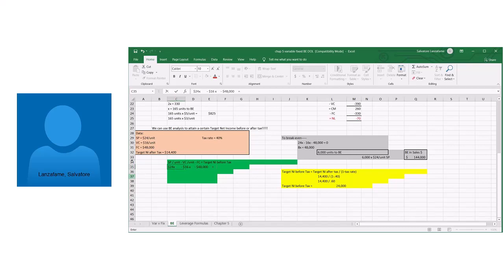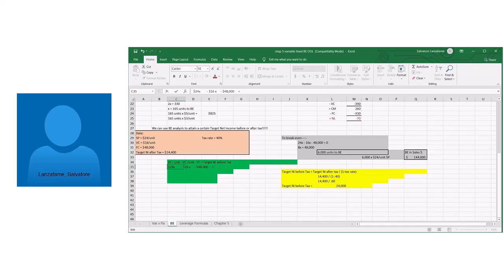But because we're going target after tax, I still can't use the 14.4. I had to figure out what it was before tax. I had to take the 14.4 and divide it by 1 minus the tax rate. So if I was using 2020, it would be 1 minus 21%, which would be 14.4 divided by 79%.